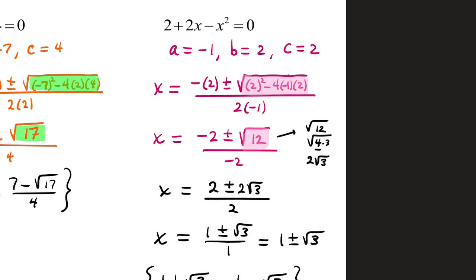Can't do anything with it. And that's okay. So the radical reduces to 2 square root of 3. These two negatives, negative divided by negative makes a positive. Plus or minus divided by a negative is still plus or minus. You've got two signs, dividing by a negative, you're still going to have two signs.